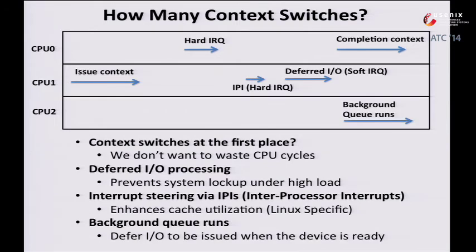And yet another, there is also a background kernel thread which issues requests that could not be previously issued because the device was busy. This actually runs the queue. All of these context switches build up in the completion path, which can result in a much larger, unpredictable, unbounded delay compared to the 13 microseconds, especially on a busy CPU.